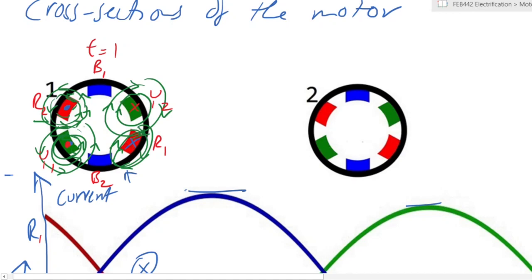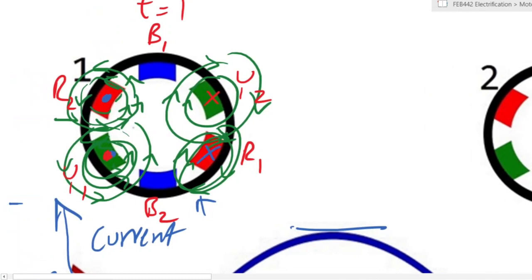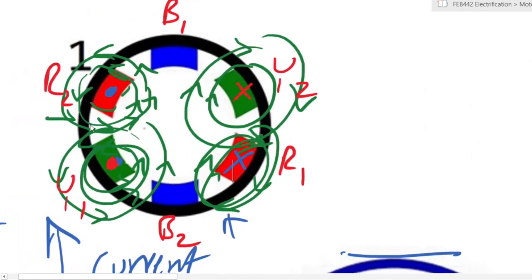Moving that way, right? So if we zoom in a bit more on this, you'll notice that on the left-hand side, R2 and Y1 have currents which create magnetic fields that are moving in this general direction. And on the right-hand side, inside the space of the stator, you have a magnetic field that is moving in that direction.